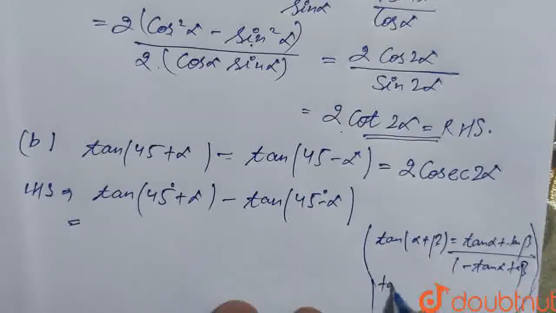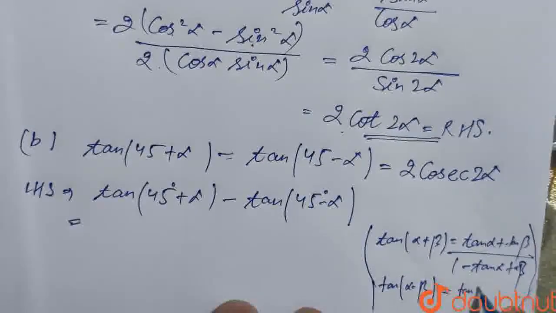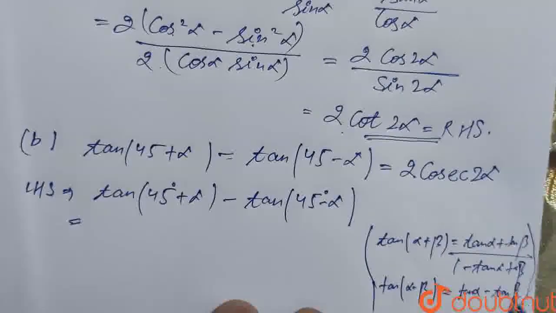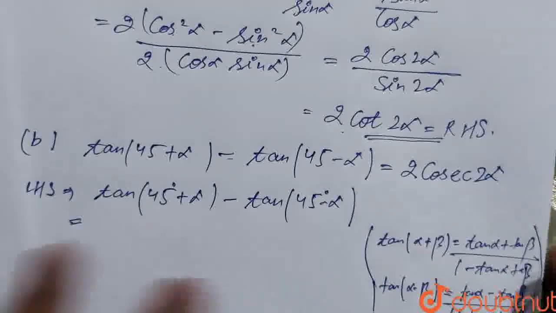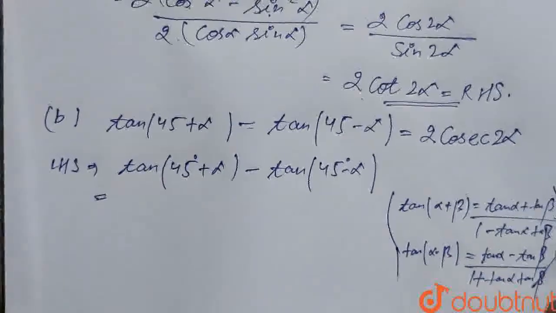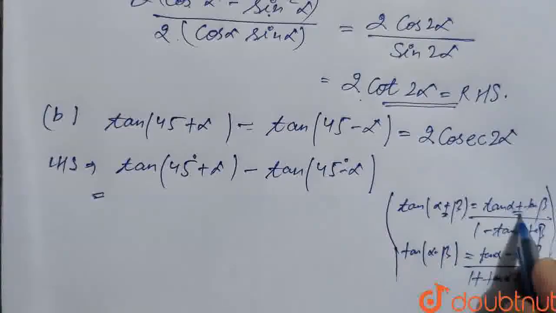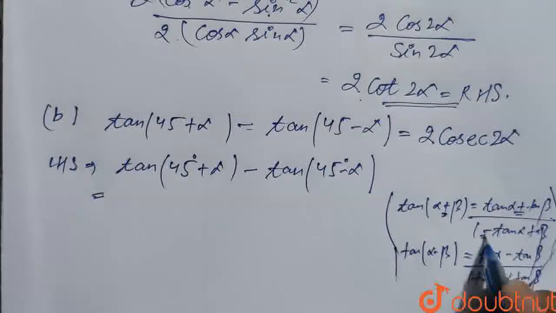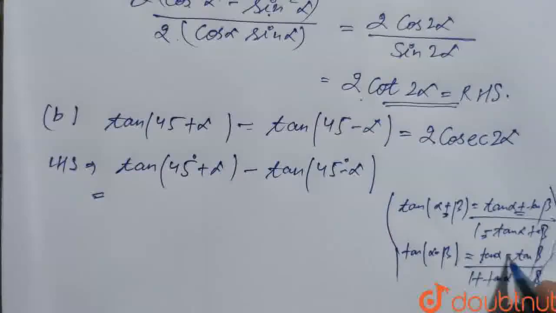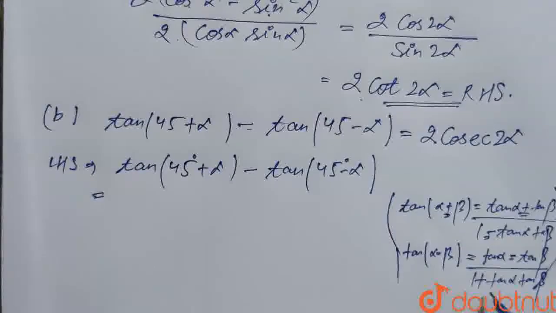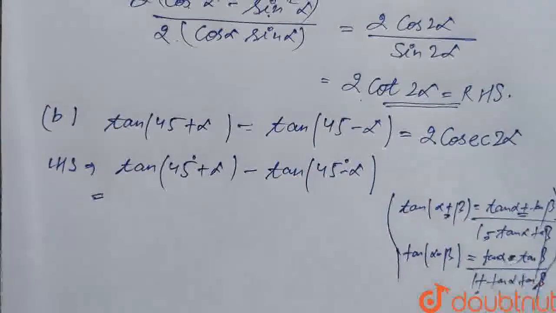Also we know tan (alpha minus beta) equals tan alpha minus tan beta divided by 1 plus tan alpha tan beta. In the plus case, a plus will come in the numerator and a minus sign in the denominator, while in the alpha minus beta case, a negative sign will come in the numerator and a positive sign in the denominator.